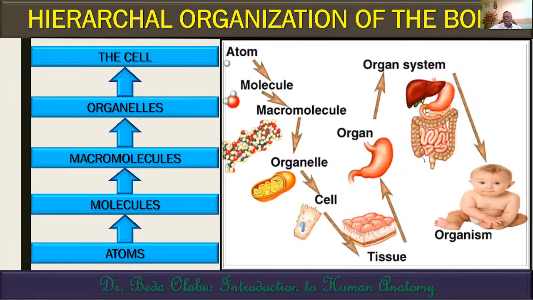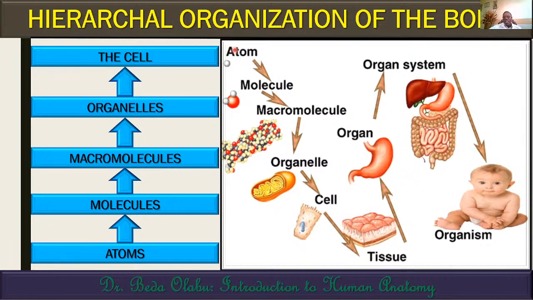Each organ system is made up of different organs. An organ is made up of multiple tissues. A tissue is made up of many cells. A cell has several organelles. An organelle is made up of macromolecules. Each macromolecule has several molecules within it, and each molecule has atoms.